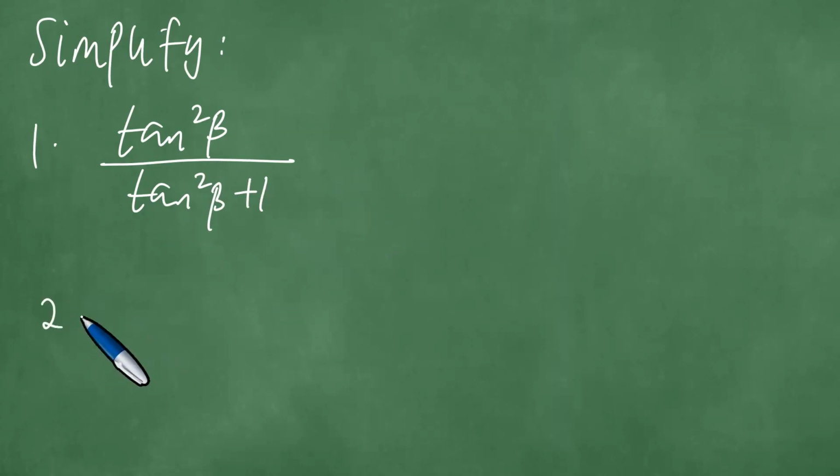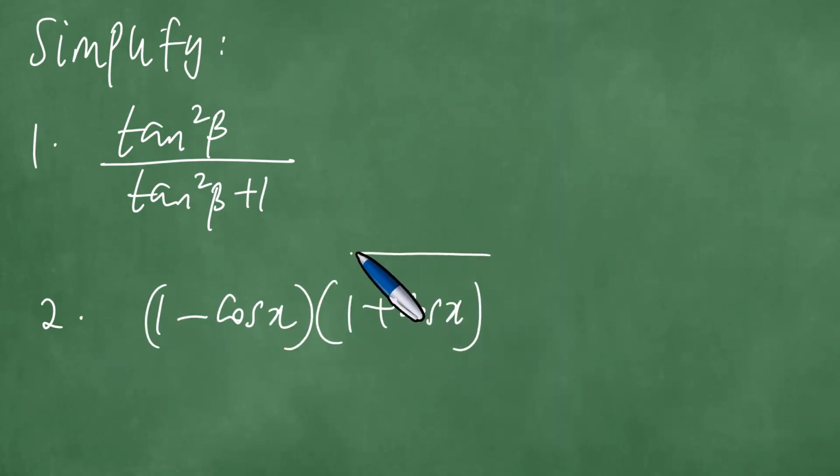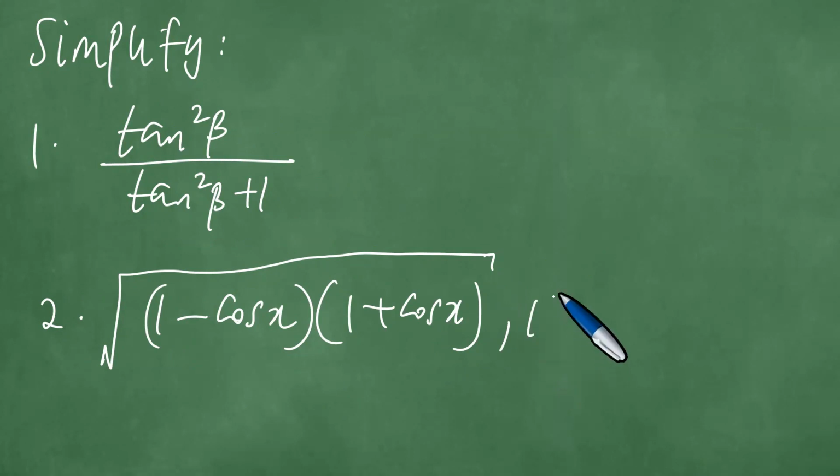Need to simplify this. Then number 2: the square root of 1 minus cosine x times 1 plus cosine x, if 0 degrees is less than x less than 90 degrees.